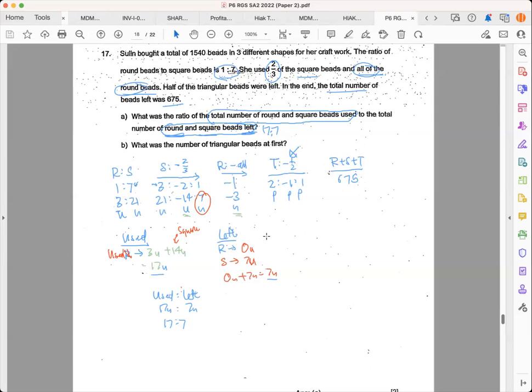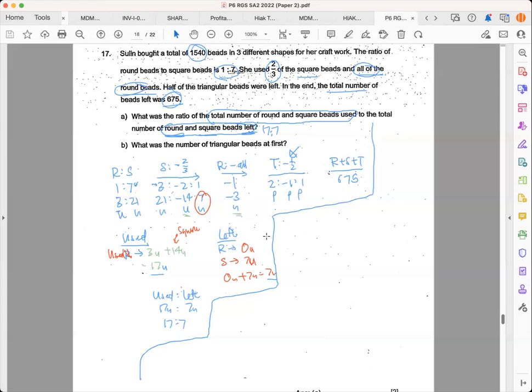So this is the answer. Let's look at part B. Let's give some space for this. Now, what was the number of triangular bits at first? So we have two values here: 1540, which is the total bits at first, and 675, which is the total bits in the end.